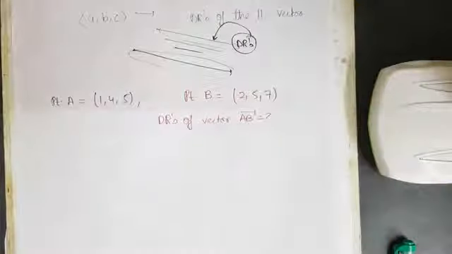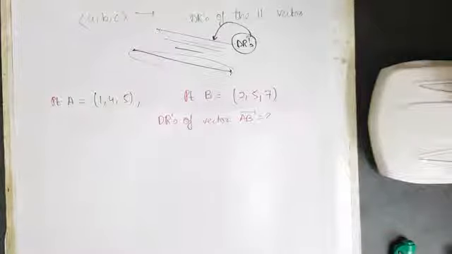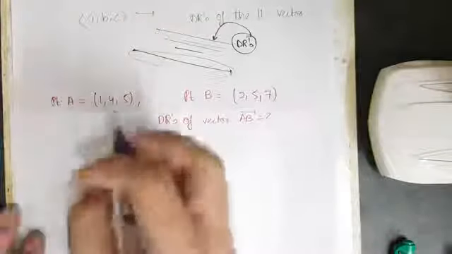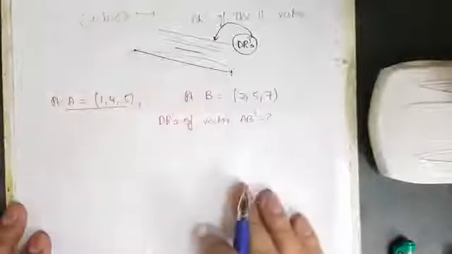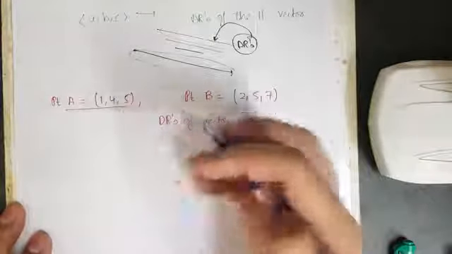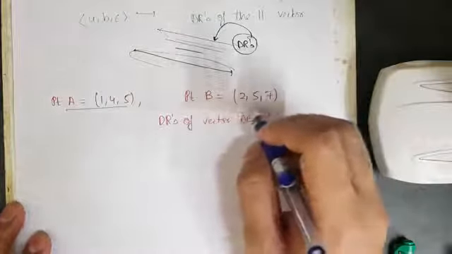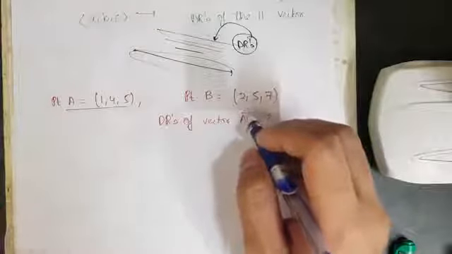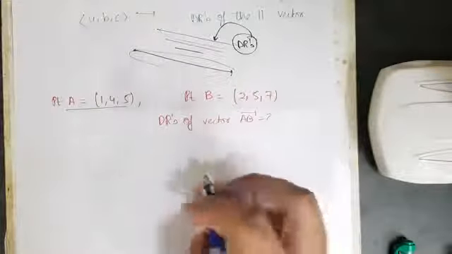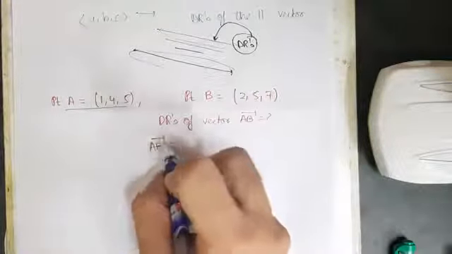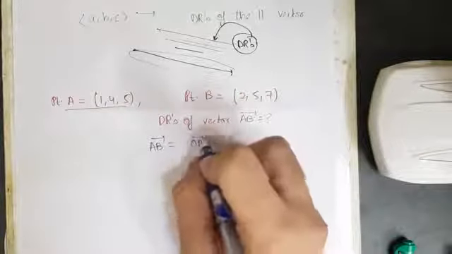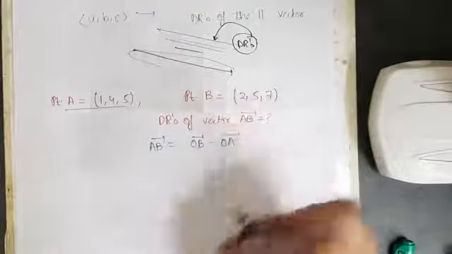Okay. Now let us see how to calculate the DRs if two particular points are given to us for any vector AB. We have been given the point A as 1, 4 and 5. The point B is given as 2, 5 and 7. So we need to calculate the DRs of the vector AB. So the AB vector can be defined as OB vector minus OA vector.